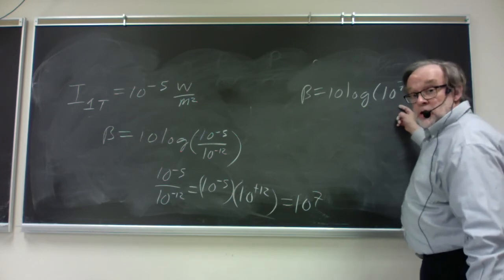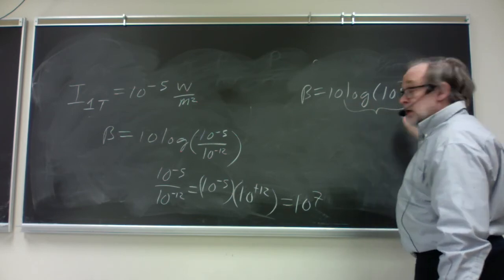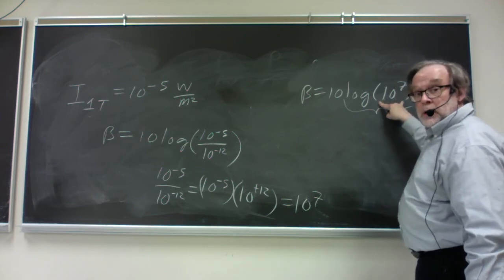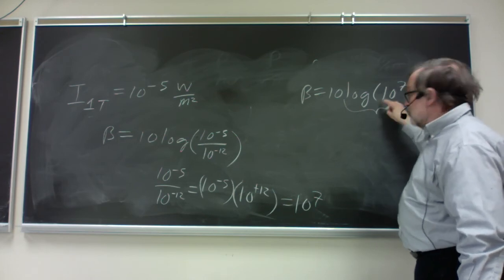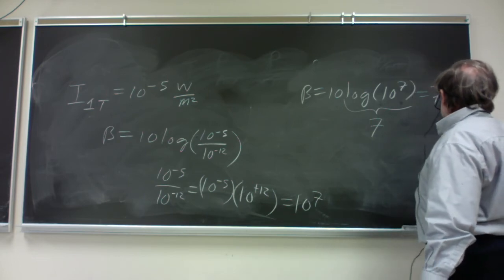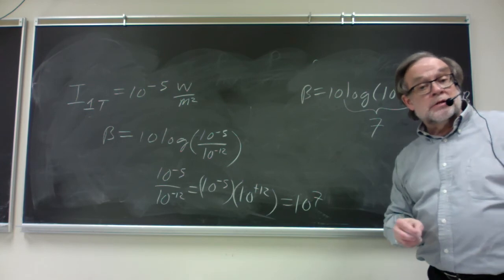The definition of this logarithm is the power to which we raise 10 in order to get whatever is in this slot. To what power must we raise 10 in order to get 10 to the 7th? Obviously, 7. So 10 times 7, 70 decibels.